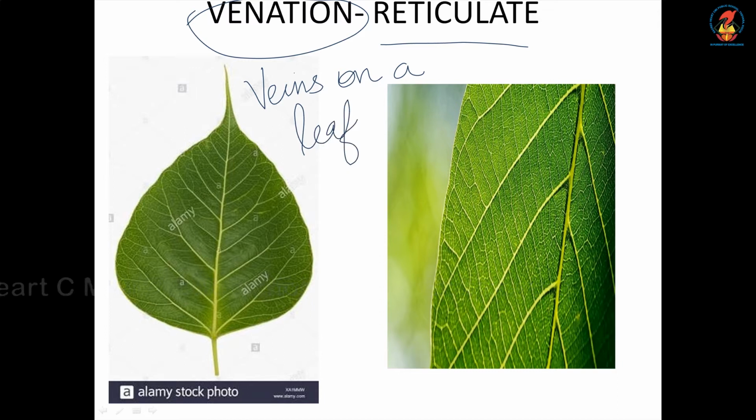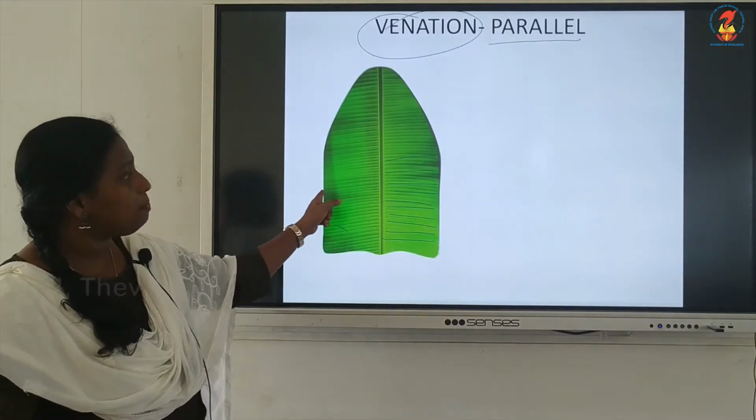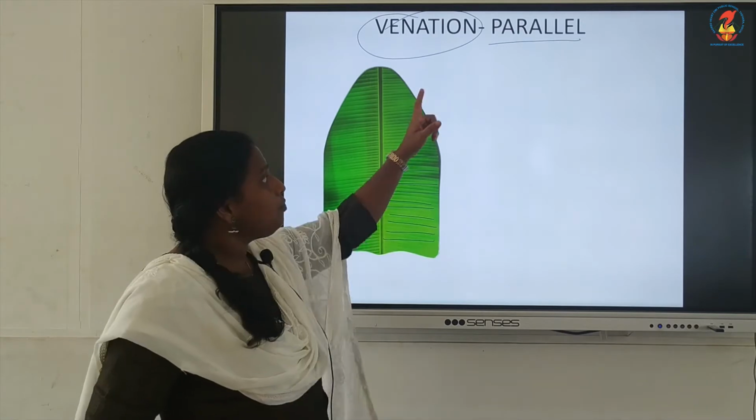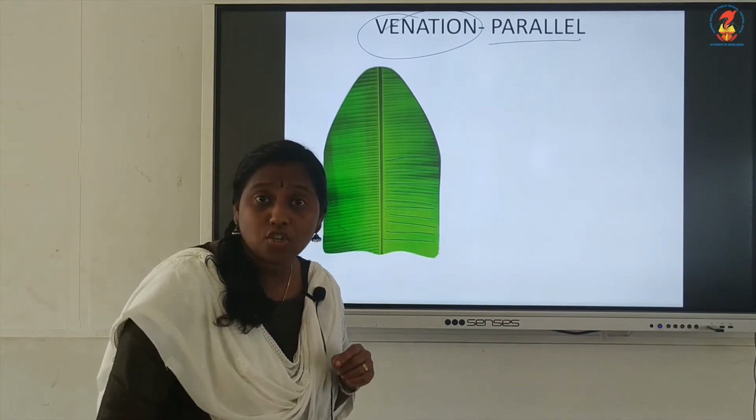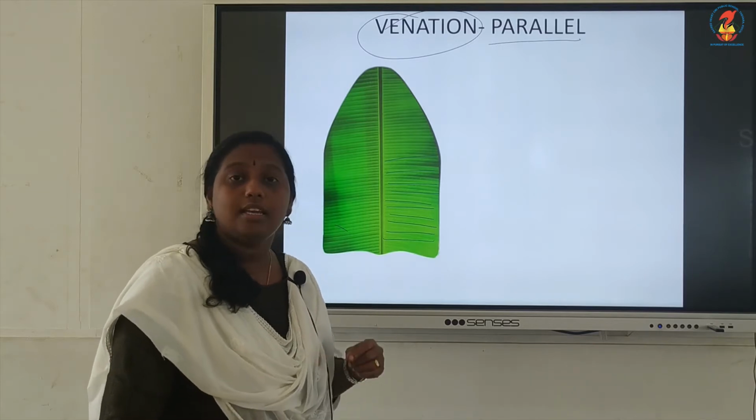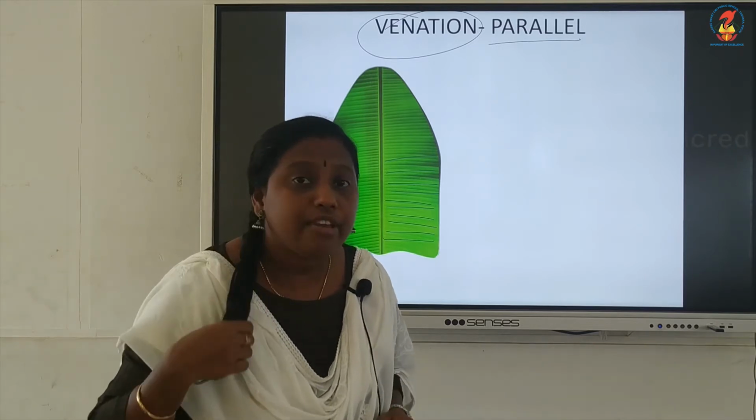So, if it is forming a network, you call it as reticulate, and in the next diagram you can see that the veins are arranged parallelly one below the other, you call it as parallel venation. So, you understood what is venation? The arrangement of veins on a leaf is called as venation.